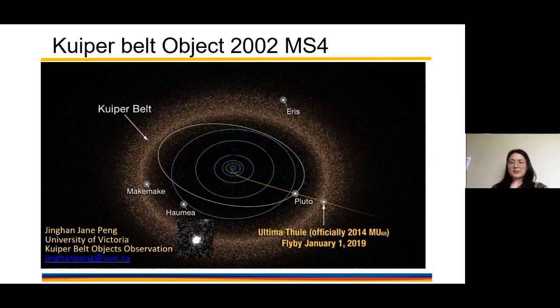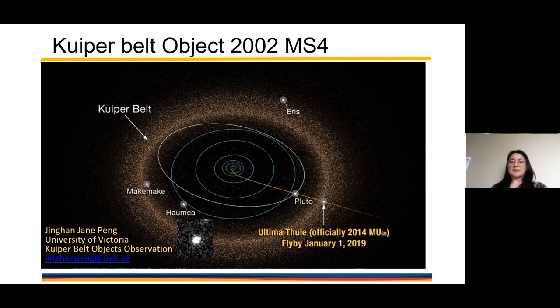So the object of my research is the Kuiper belt object 2002 MS4. This is a very interesting object because it is one of the 10 biggest Kuiper belt objects without a name yet. And the cooler thing is that we observe it on Earth, but we also observe it by the New Horizons spacecraft.